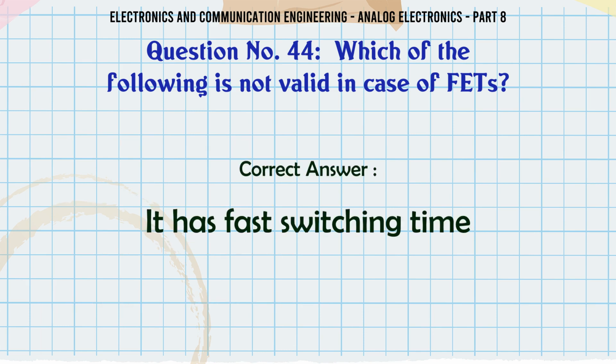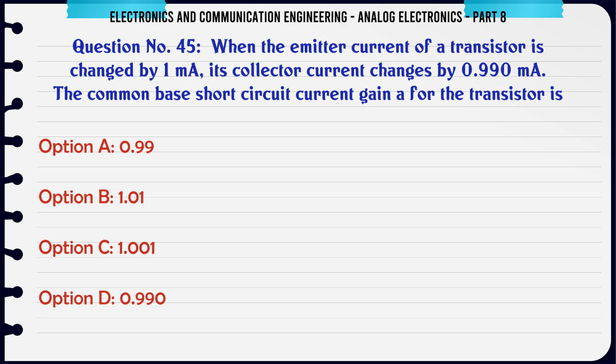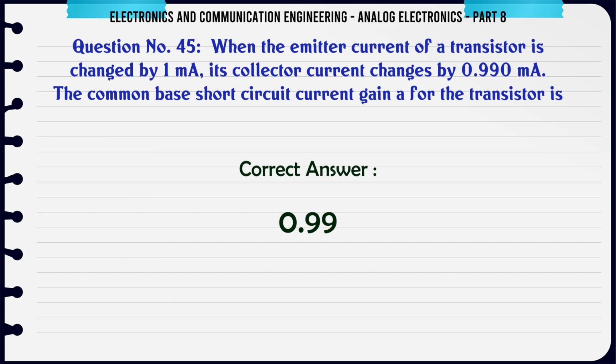The correct answer is it has fast switching time. When the emitter current of a transistor is changed by 1 mA, its collector current changes by 0.990 mA. The common base short circuit current gain for the transistor is A. 0.99, B. 1.01, C. 1.001, D. 0.990. The correct answer is 0.99.